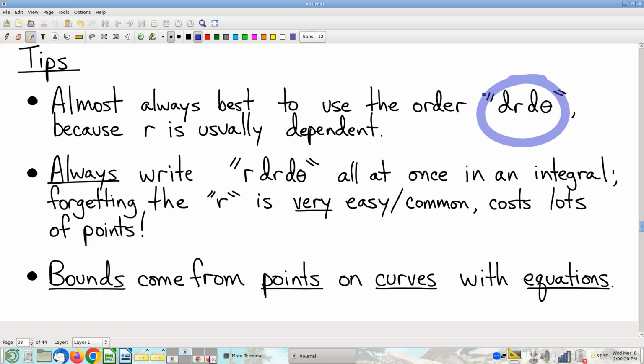I have in the past gone to some trouble and thought up a highly unnatural, manufactured example where d theta dr is actually a little bit nicer. It's extremely unnatural. It's almost certain you're never going to encounter such a thing. So with the asterisk of the rare exceptions, just do dr d theta. You really don't need to entertain doing it in the other order. This is always best.